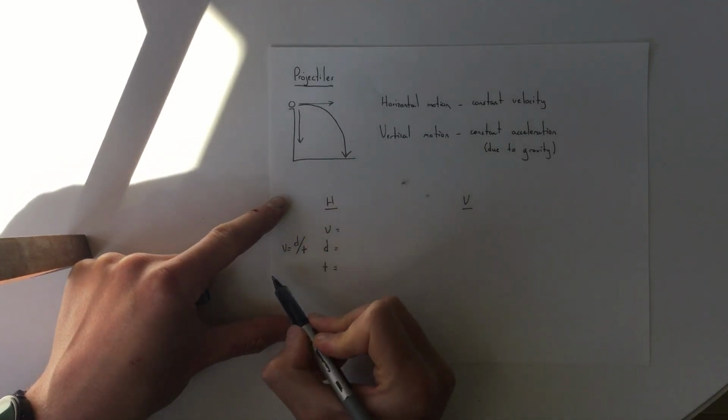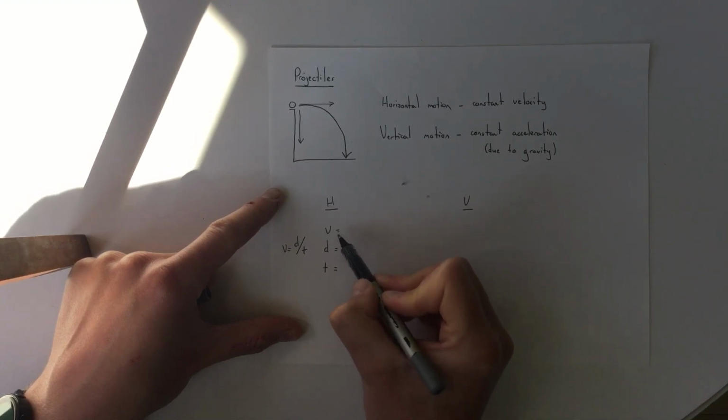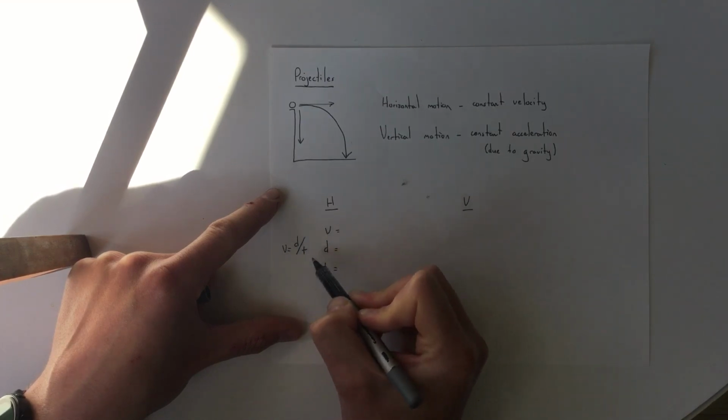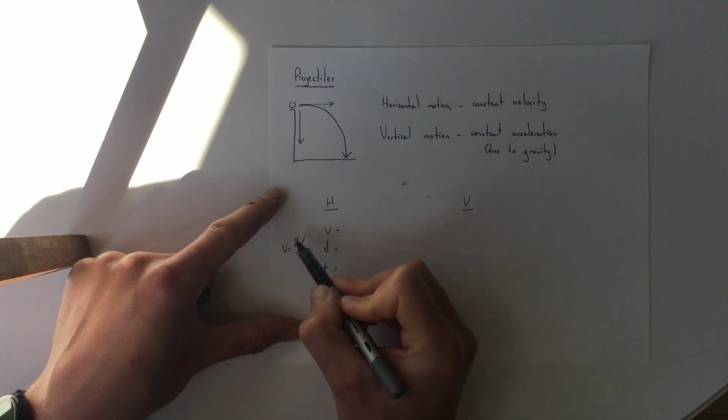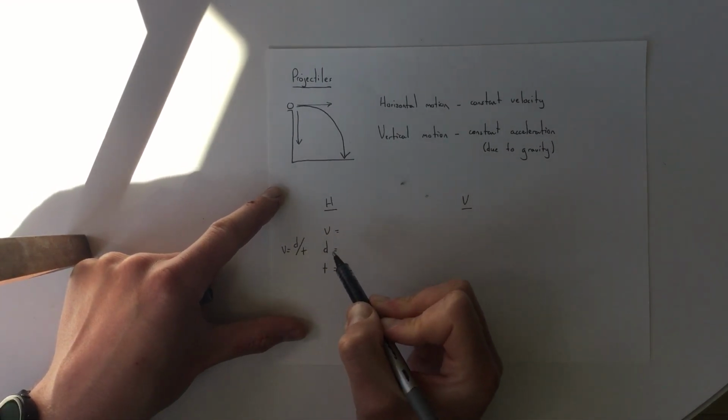So you can work out what is the speed, what is the distance, what's the time, and whichever you don't have, you can figure out using speed equals distance divided by time, or velocity equals distance divided by time. That is an equation you're used to, so horizontal should be quite an easy and straightforward question.